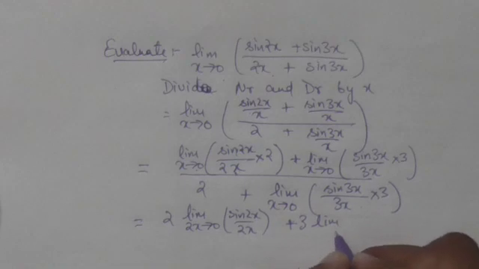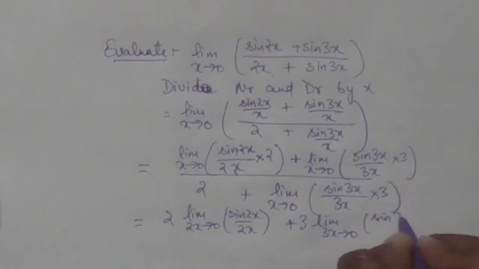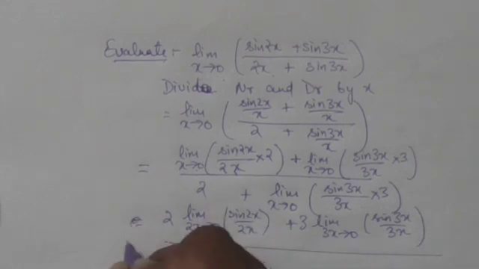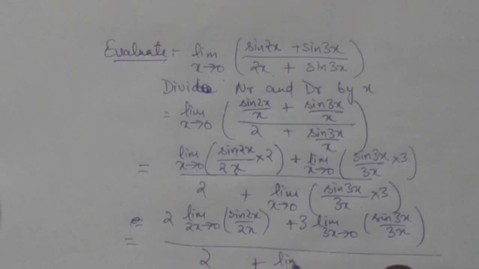So limit 3x tends to 0 sine 3x upon 3x. In denominator we have 2 plus limit. So as I told you, as x tends to 0, therefore 3x will also tend to 0, sine 3x upon 3x.